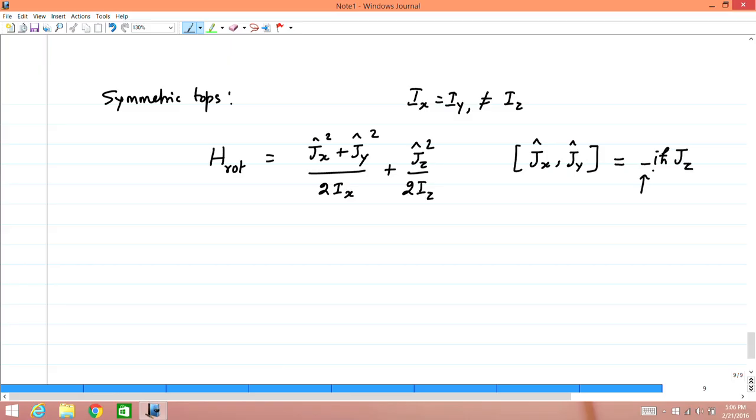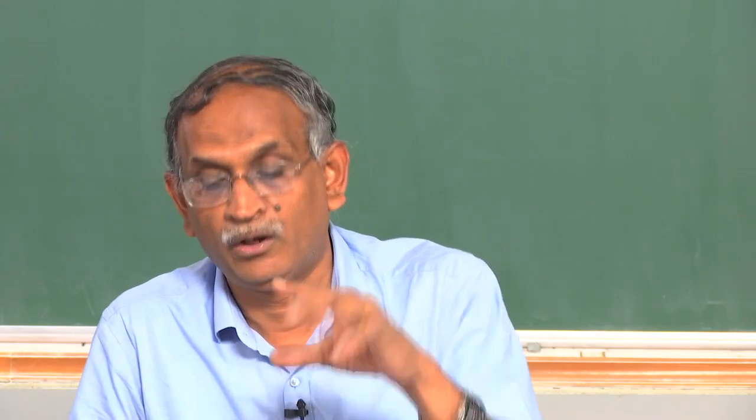I use the minus sign because these axes x, y and z are fixed in the molecule, and they are rotating and moving with the molecule. They are fixed at the center of mass of the molecule, but they are rotating with the molecule.